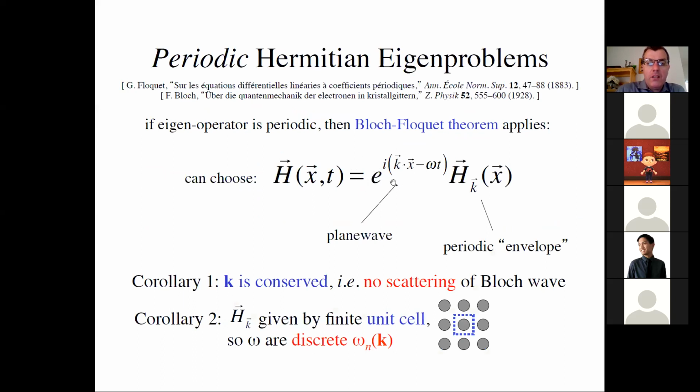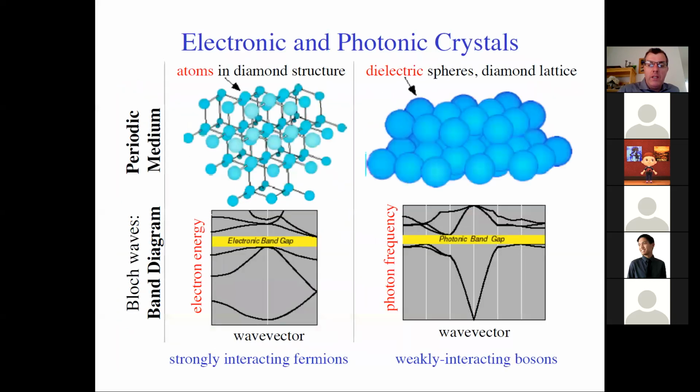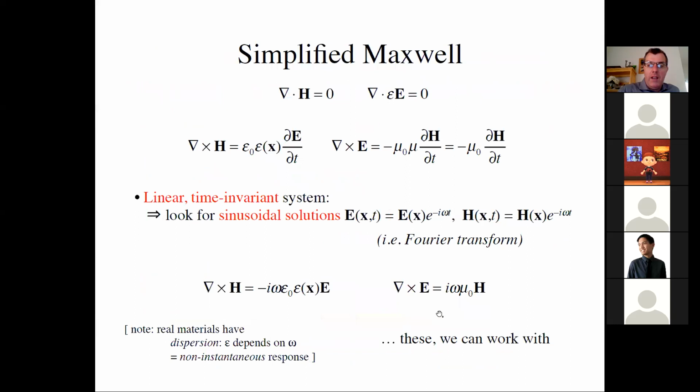They write the solutions as a plane wave multiplied by a periodic function. And we'll go into that again later, but the K out here is the K that shows up in all of these diagrams on the horizontal axis.